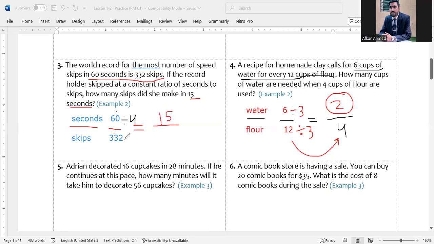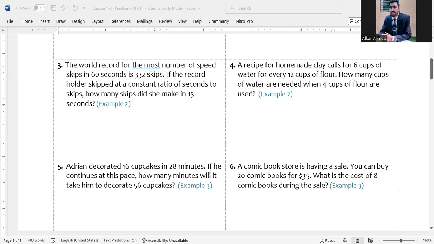So same I will divide here by 4, and when you solve it on paper, you will find it will give you 83. So for 15 seconds, how many skips will there be? 83.